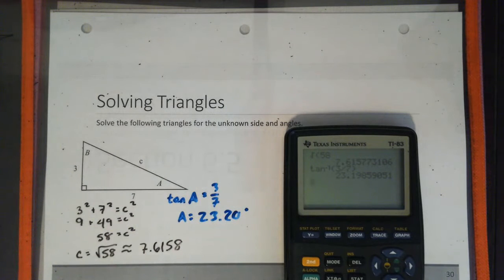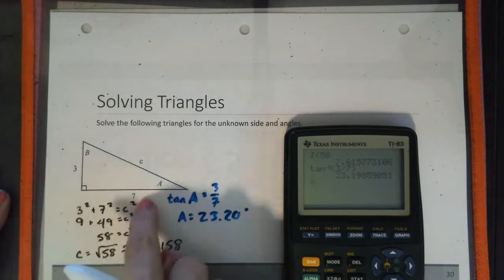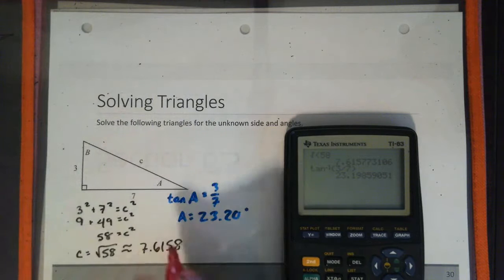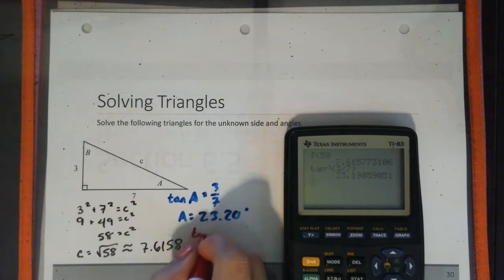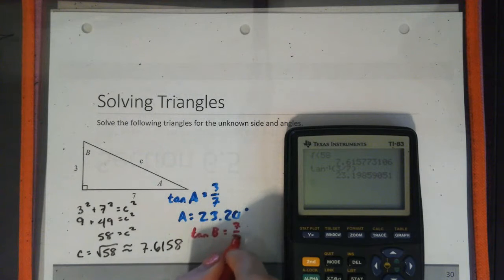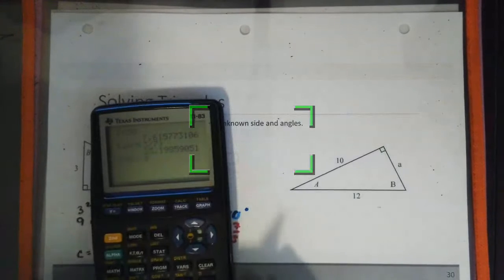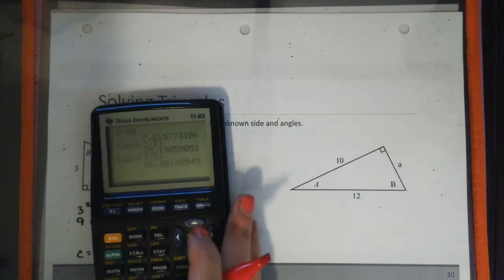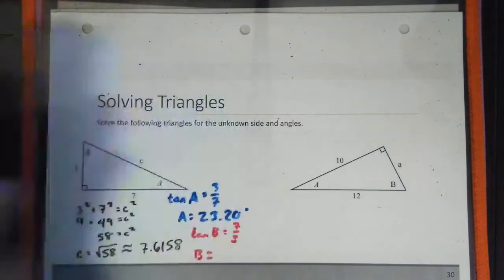And then for angle B, the opposite is 7, the adjacent is 3. So I could say the tangent of angle B is equal to 7/3. So B will be the inverse tangent of 7/3, which is 66.80 degrees.